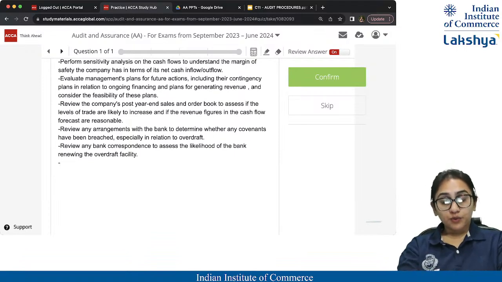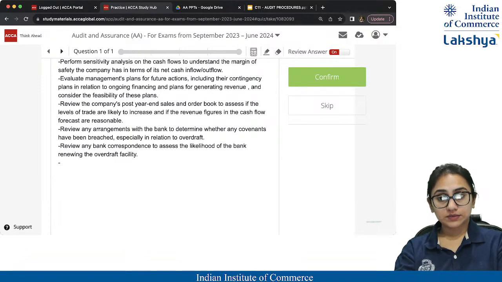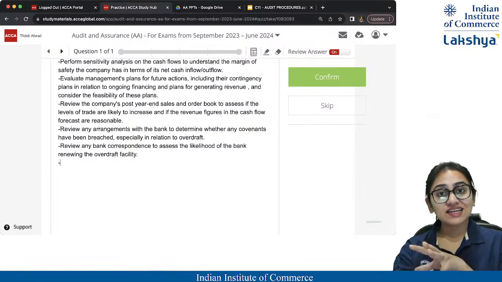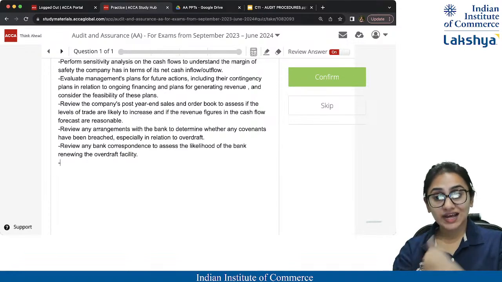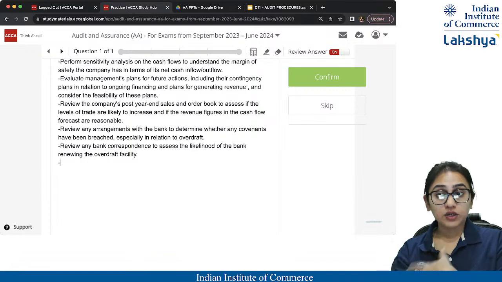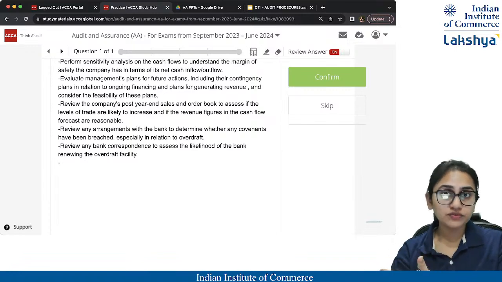Then one more going concern issue that arises is if anybody files a legal case on the company, and the result of the legal case is if the company fails, the company has to pay a huge sum. So is there any legal case as such on the company which, if the company loses, the company has to pay a lot of money, and if they don't pay that money, they will be sued for the same.